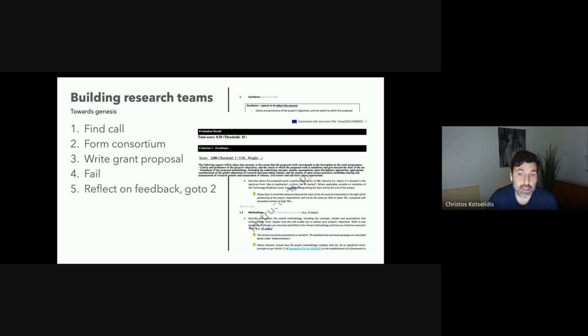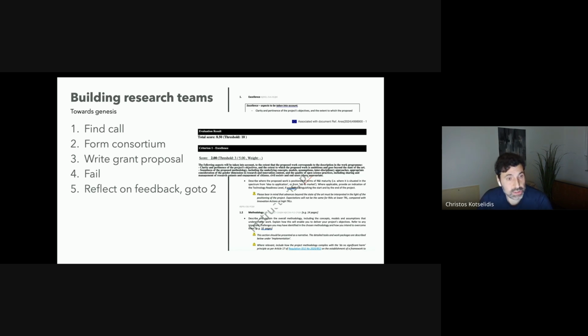So there are 3 criteria. If what you say is good, what impact it will have to Europe, the world, and the public, because let's not forget that all these grants are taxpayer money. And the 3rd criterion is if the consortium has the capability to deliver on the promise, because the Commission will give you 6 million euros, and they want to make sure that even if the idea is cool and the impact is amazing, you can deliver it.